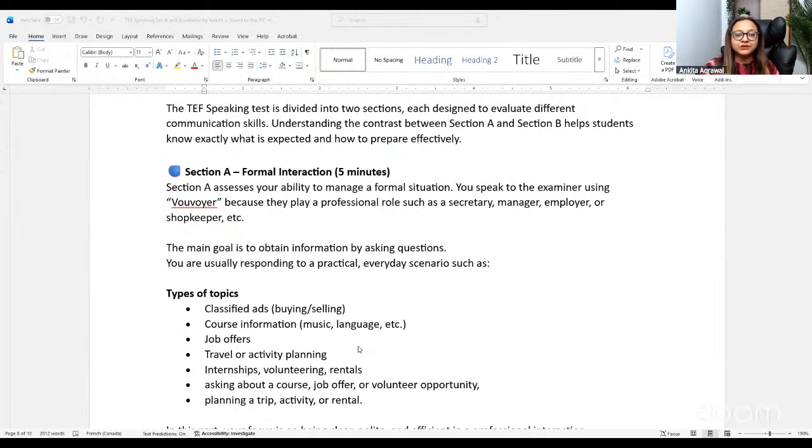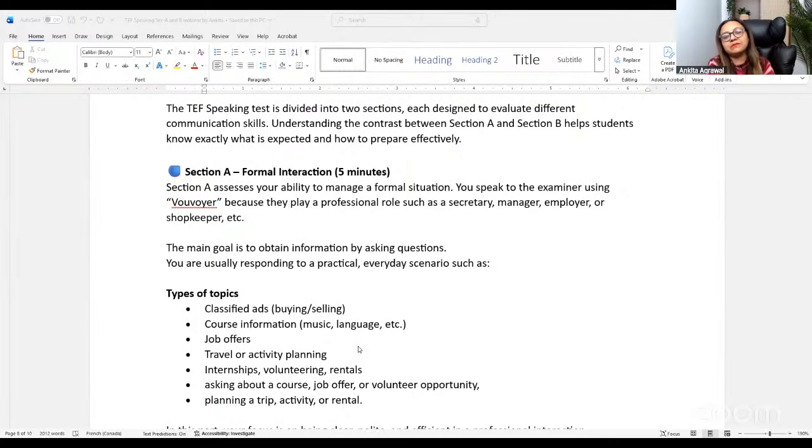When you sit, say bonjour, hi, how are you, and exchange pleasantries, she will say, okay, this is your affiche, have a look at it. Then the examiner will ask you to start, and once you start, she presses the recording button. That means you will have exactly 5 minutes by his or her watch.